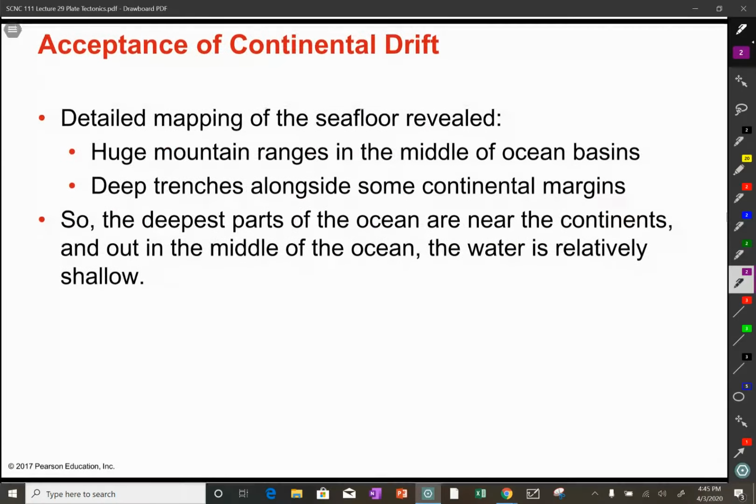Now, studying the ocean floor has led us to a lot of new understanding. We see in the ocean floor huge mountain ranges and deep trenches near the continental boundaries, not in the center, but near the boundaries. So keep that in mind. The deep trenches are at the boundaries between the continents and the ocean. So the deepest part of the ocean is near the shore, not in the center.